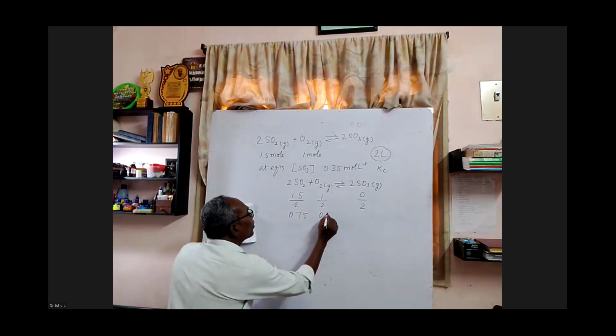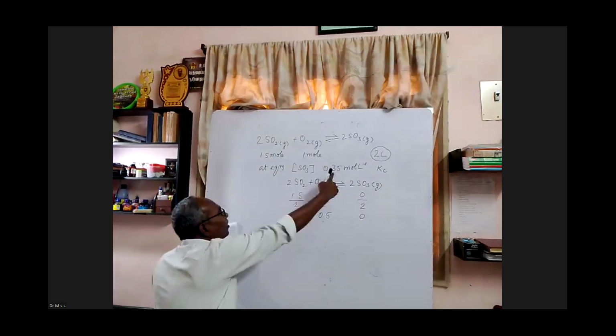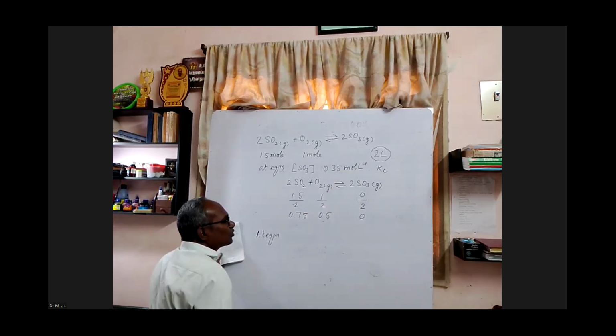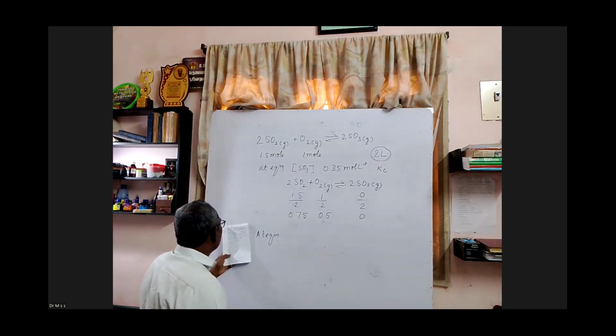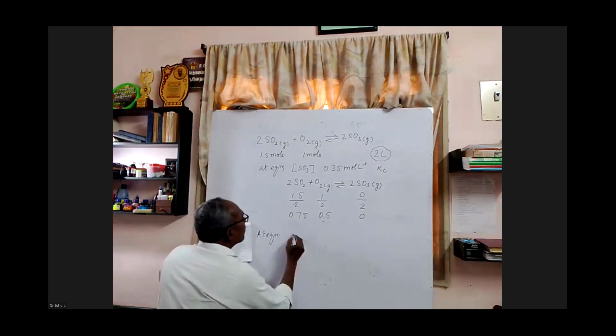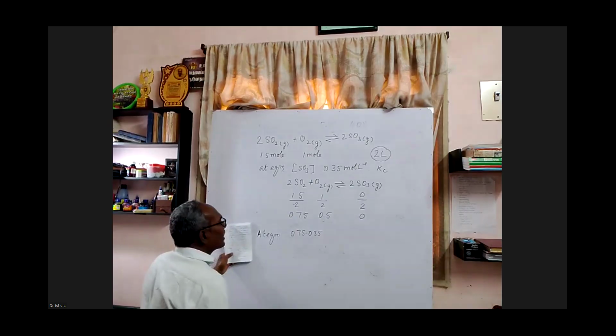Equilibrium: 0.35 mole per liter SO3 is remaining. So at equilibrium, 0.75 minus 0.35 is reacted.